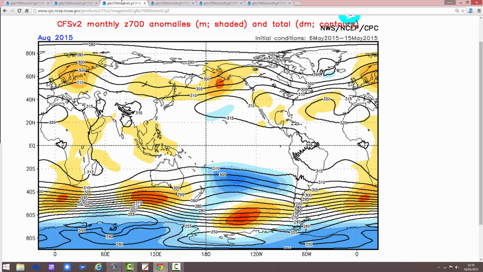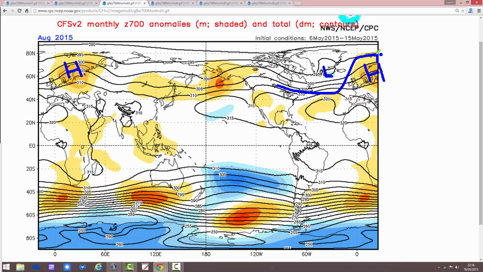Moving ahead into August, we see a change taking place. We reposition the above average heights, so they set up over Scandinavia, and the orange colours are in there across Scandinavia. We've got below average heights to the south of Greenland, and the flow is probably going like that.